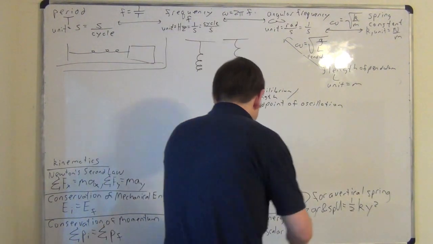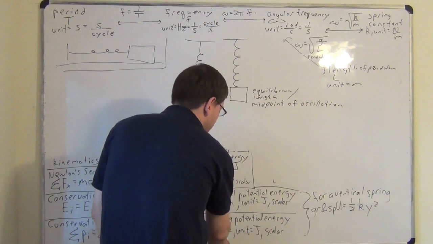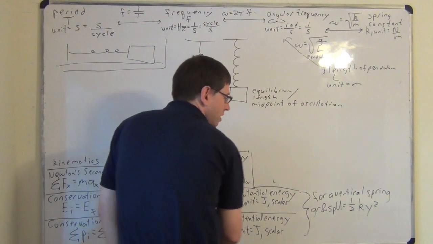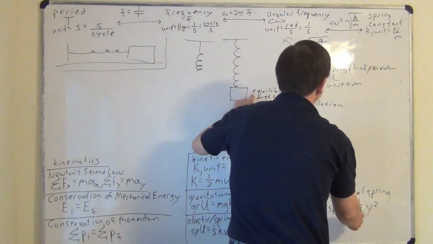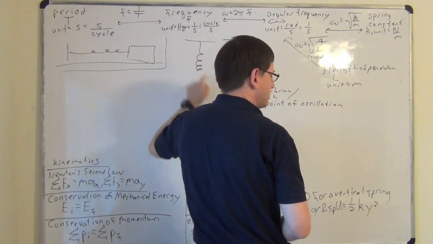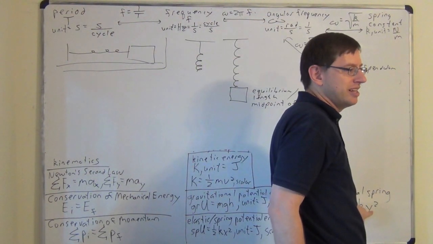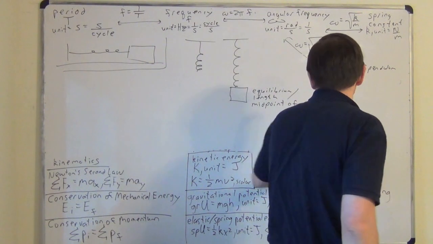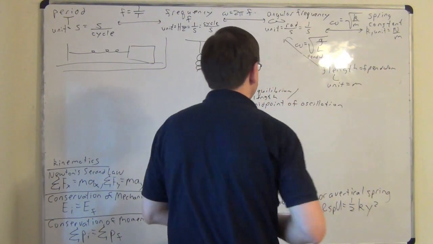That's why these two formulas look very similar, but there's actually a significant difference. This is the displacement from the natural length, but this is the displacement from the equilibrium length, which we saw was not the same thing as the natural length for a vertical spring. The easiest way to think of this is the displacement from the midpoint of the oscillation. So even though these formulas look very similar, there is a little bit of a difference between them.